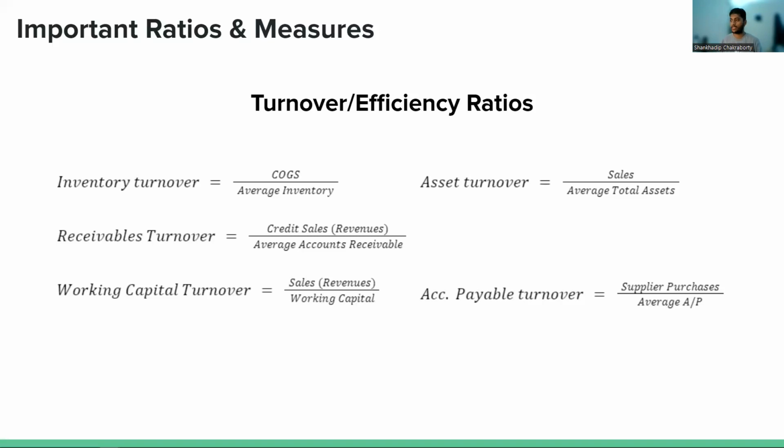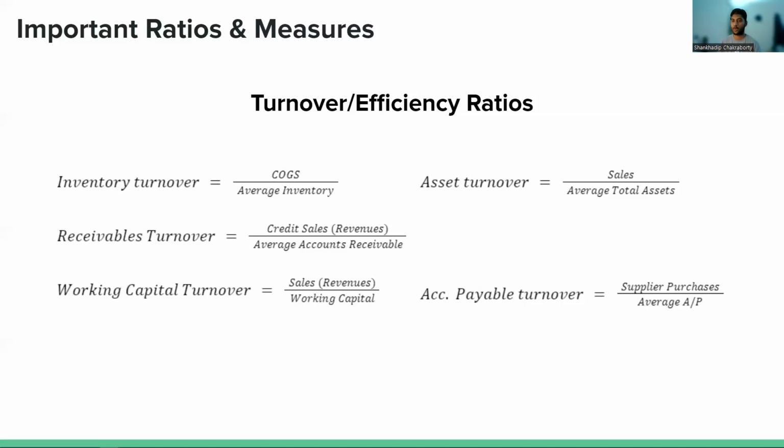Working capital turnover is sales over working capital, once again, because working capital is driven by sales. The more assets you tend to have, the higher the sales you tend to have, because you have more resources to devote to sales. And finally, accounts payable turnover. These are purchases, which is a subset of cost of goods sold. It's a pretty big subset, but it's a subset divided by accounts payable. Once again, it's because accounts payable is driven by purchases.